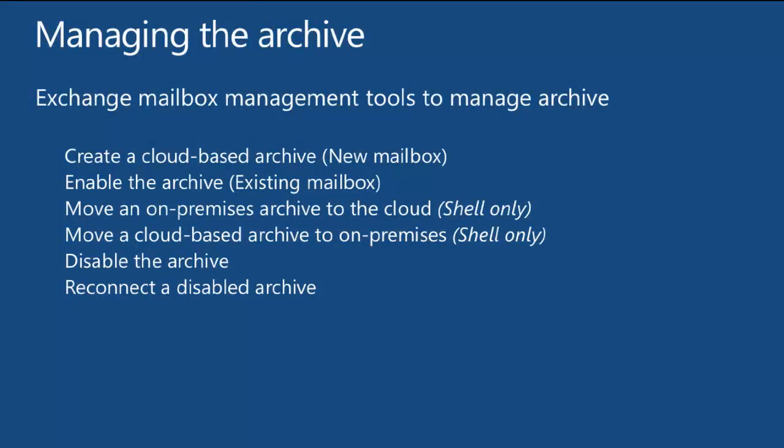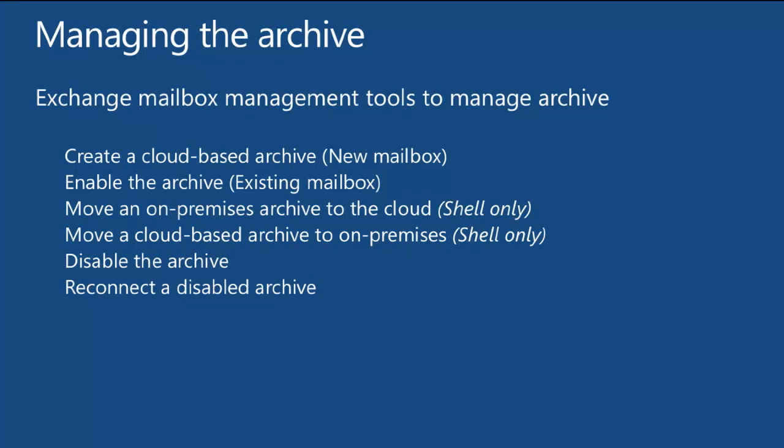Now, how do you manage this archive once it's created? Again, it's all the stuff that you learn to manage your mailboxes. That doesn't change. So you can create a cloud-based archive for a new mailbox. You can enable the archive for an existing mailbox. You can move an on-premises archive to the cloud. If you're on Exchange 2010, it's shell only, but Deepak just told me you can do it on EAC now.